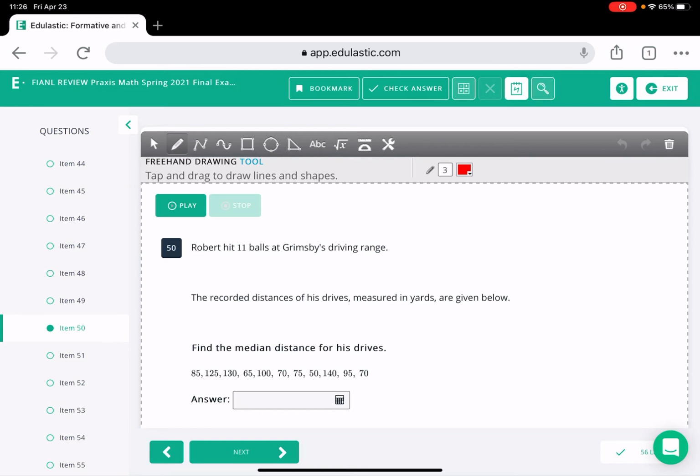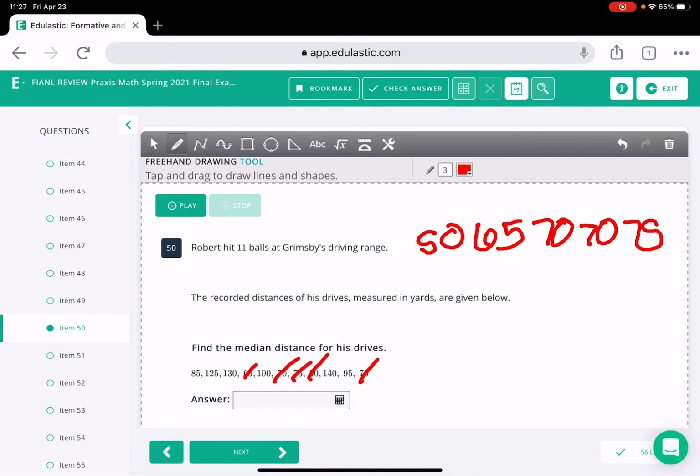Okay, so to find the median, you want to list the numbers from least to greatest first. So the smallest number is 50, then 65, 70, 70, 75, then 85.